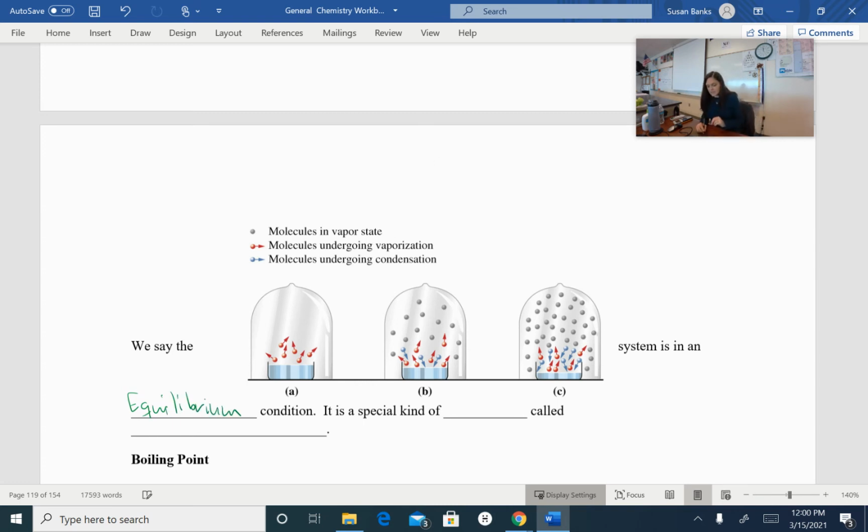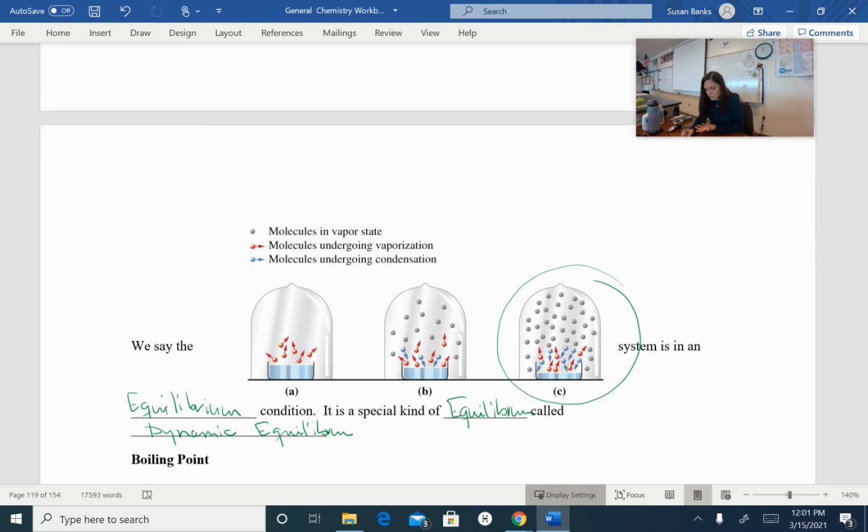It's a special kind of equilibrium called a dynamic equilibrium. And it's dynamic because notice here in this equilibrium picture, I have molecules that are still changing.